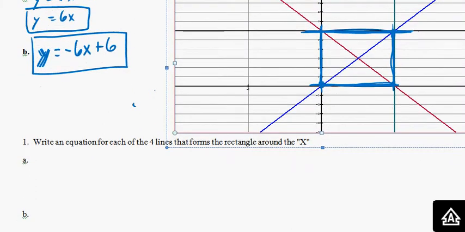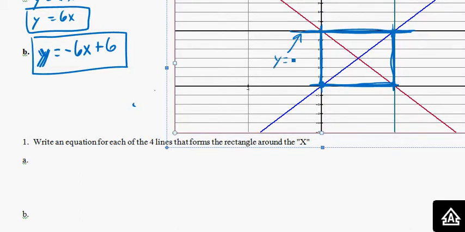Now, let's start with this horizontal line here. You'll notice that every single point on this horizontal line would have to have a y-coordinate of 6. For instance, this point is 0, 6, this point is 1, 6, this point is 2, 6, and so on. So every single point on that horizontal line has a y-coordinate of 6.